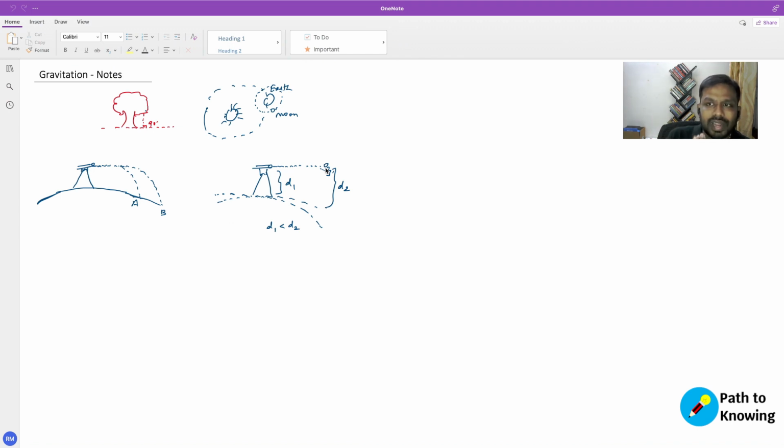Every object attracts another object, be it big or small. And when two objects attract one another, of course there will be a force between them. He said that as long as the objects are close, the force is going to be high, and as long as the objects are far away, the force is going to be less.